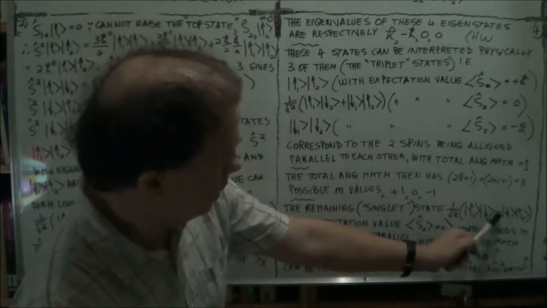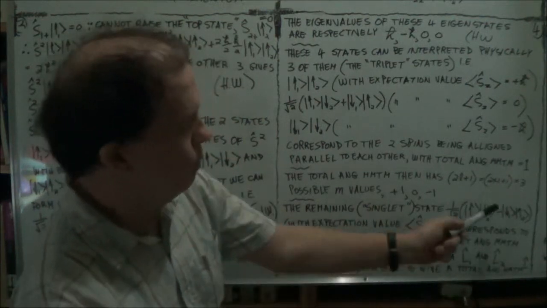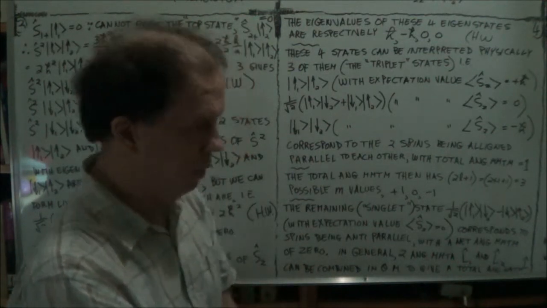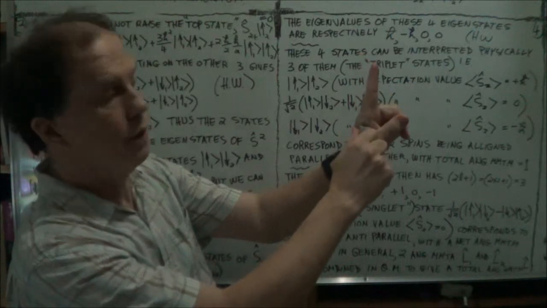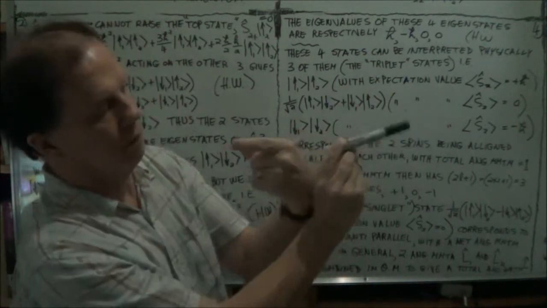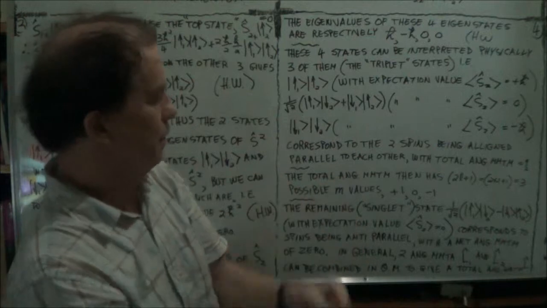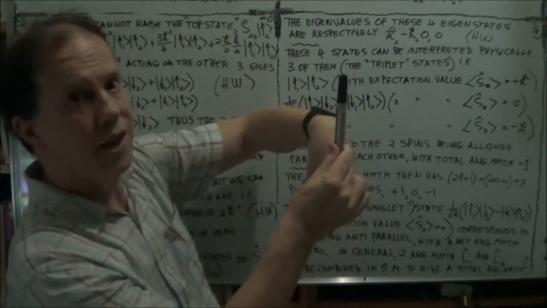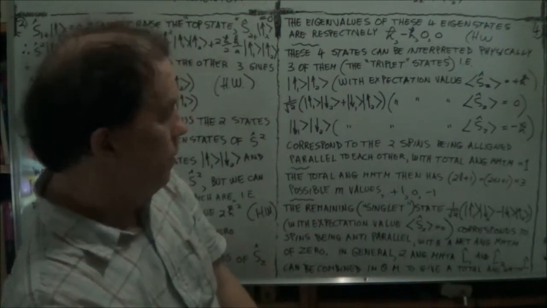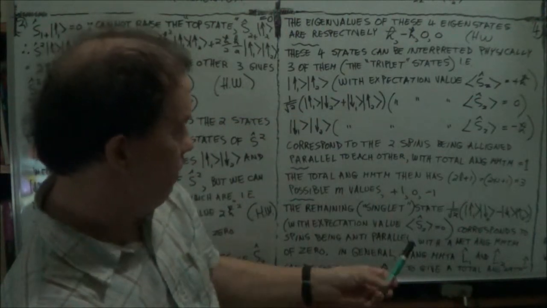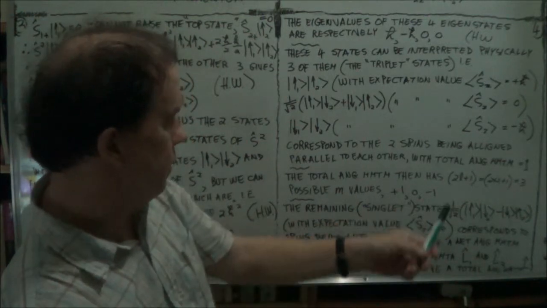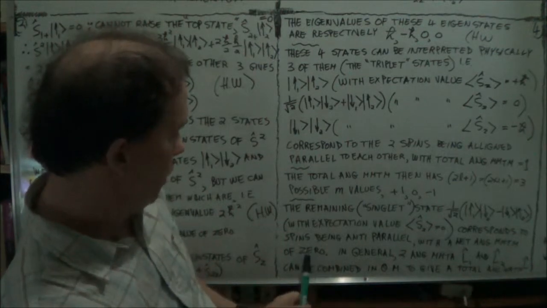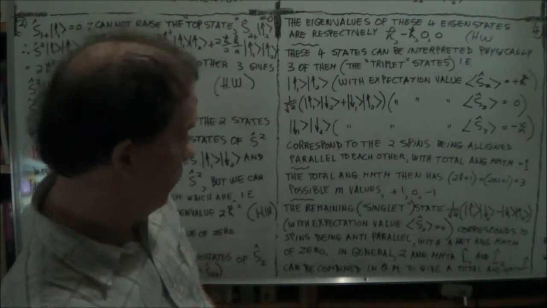Remember, you've got a minus here. It's interpreted to be when the two spins are anti-parallel, just like this. And the total angular momentum L is 0, so S1 plus S2 would be 0.